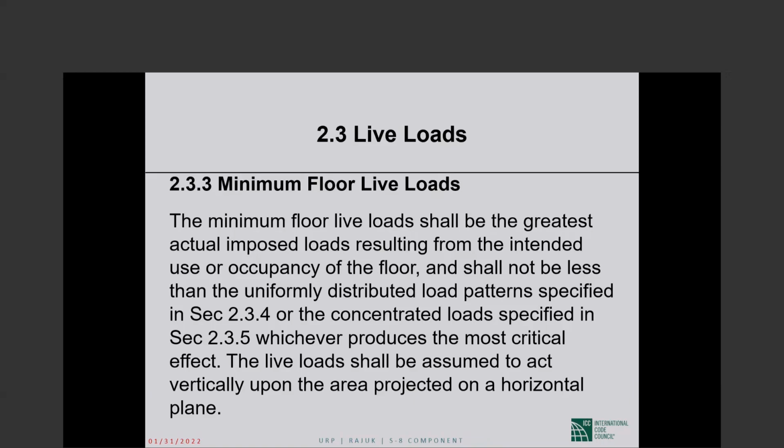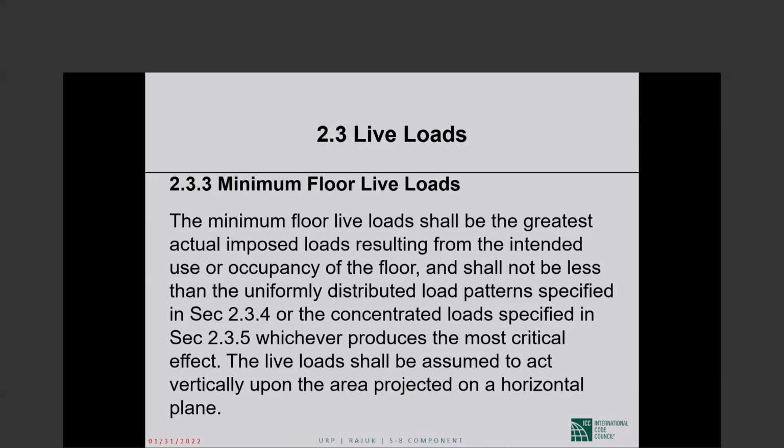See, in reality, everybody designs for the tabulated values. Except in unusual circumstances, one wouldn't try to figure out the live load that will be applied on your structure. Okay. So specified in the table or the concentrated load specified, whichever produces the most critical effect. Okay. The one or the other, not both, whichever is the more critical.